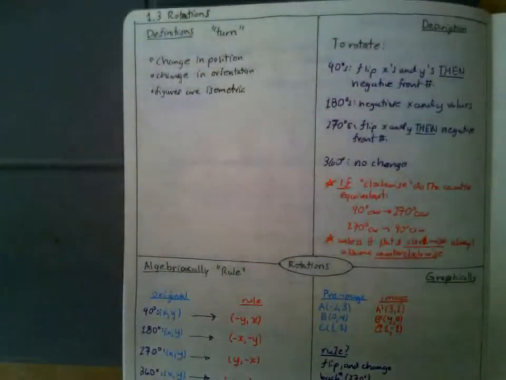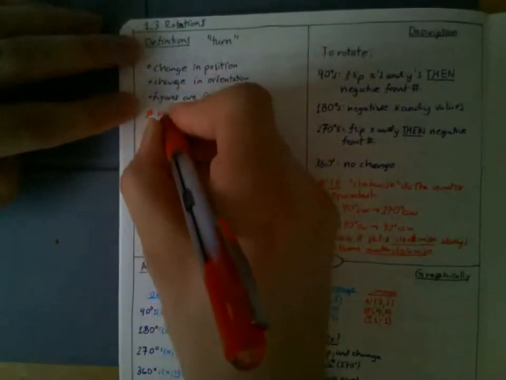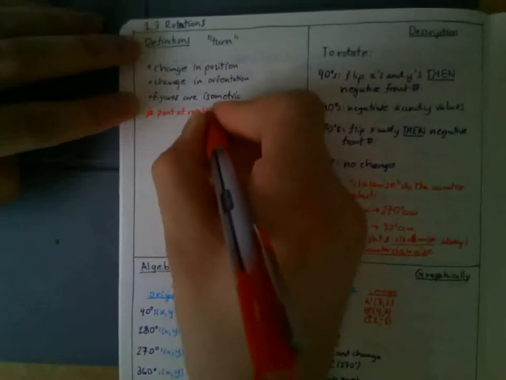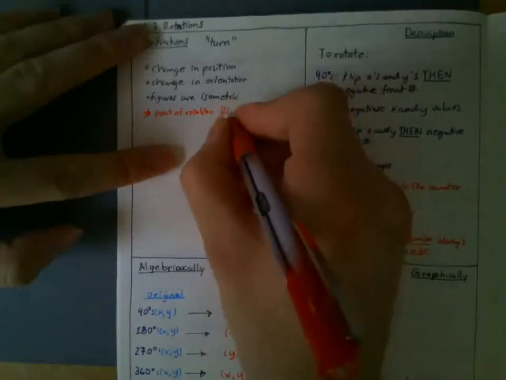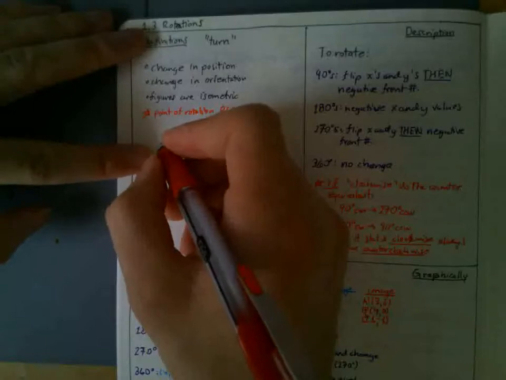Now, two big stars down here. Star number 1: point of rotation is R(0, 0), and will be that always.